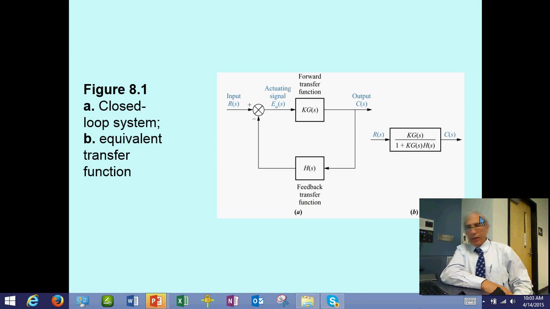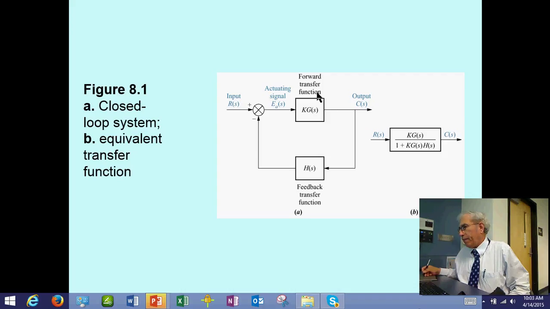We are going to see in this lecture the application of the root locus method and understand a little bit more how it works and what it is. So on the screen you have a system, and we can say this is your transfer function right here.